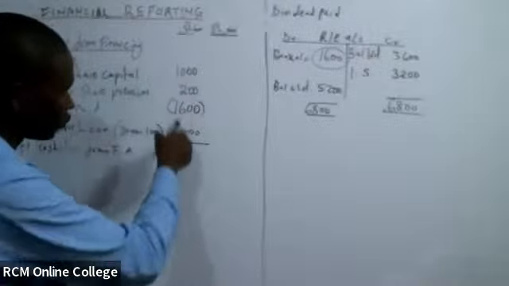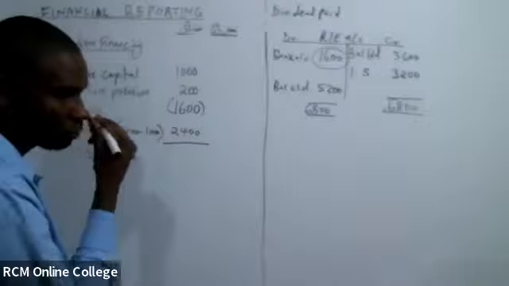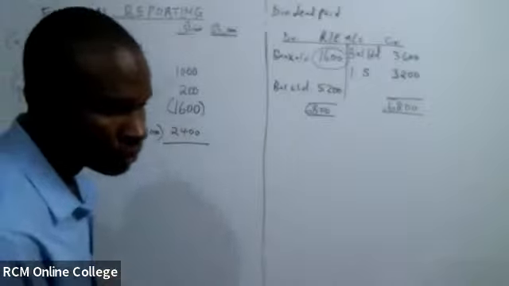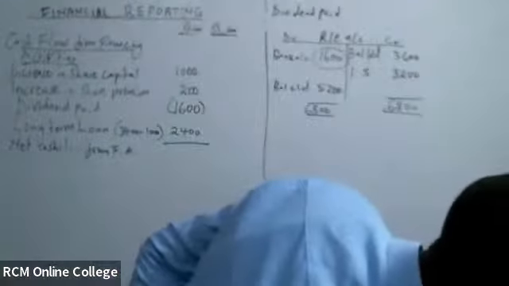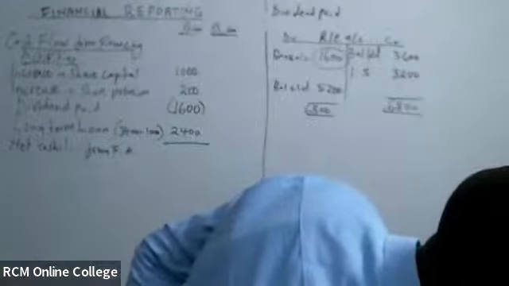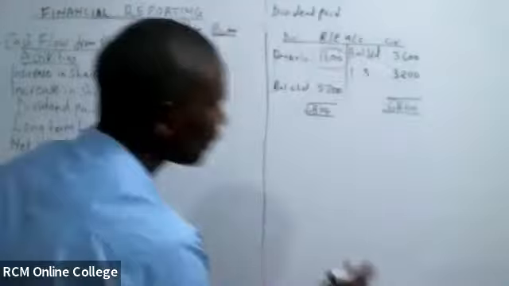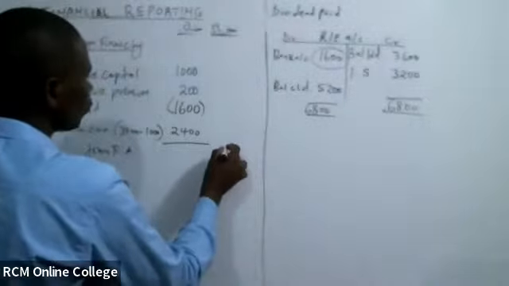So how much is the total net cash flow? 2,000. You're getting 2,000.